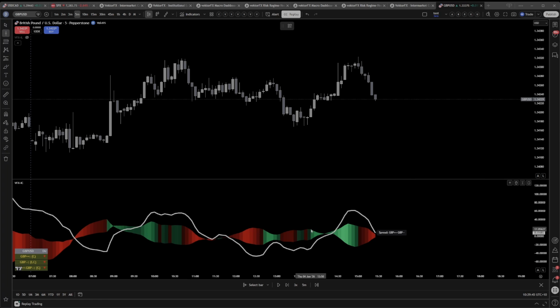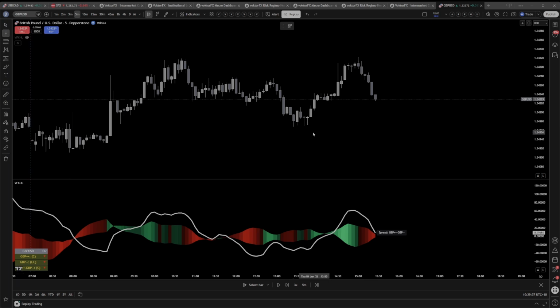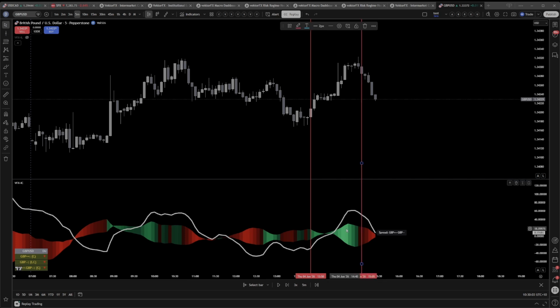The correlated and inversely correlated baskets started to converge and then diverge. Let me mark out the point where this started. We can also see with the color graduation that it started to get dimmer, which means this move here is starting to weaken.